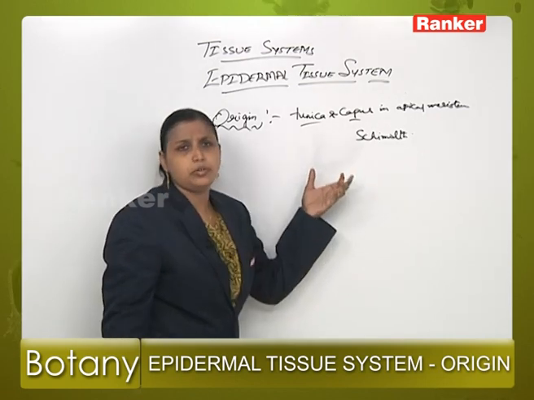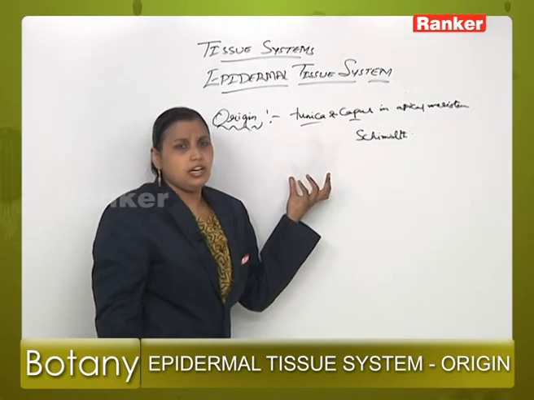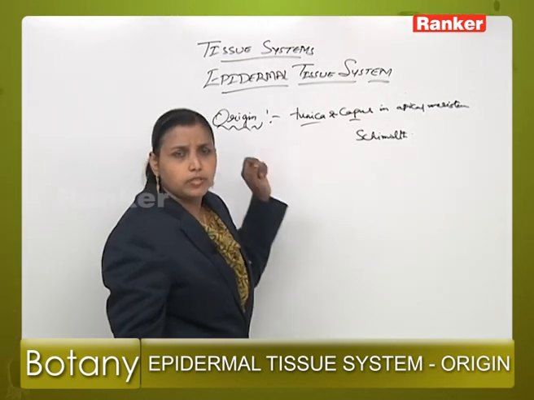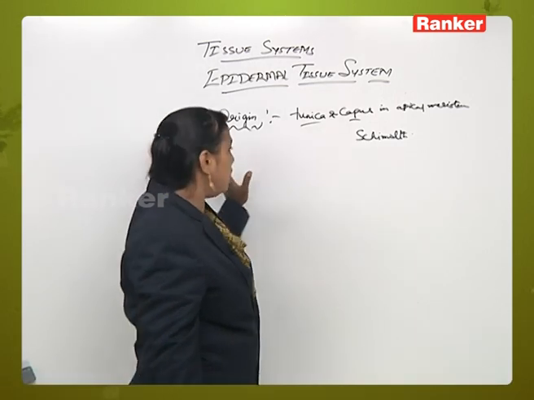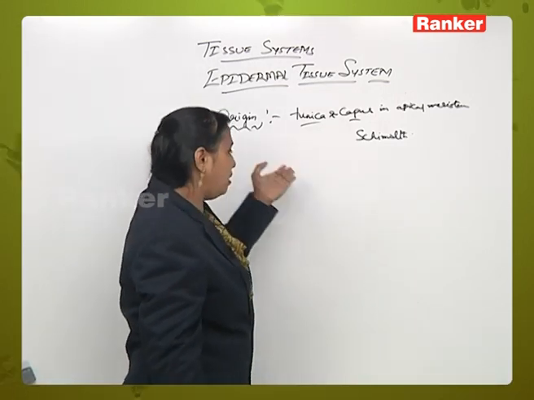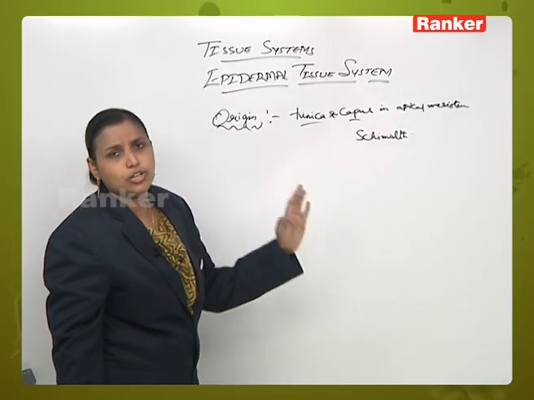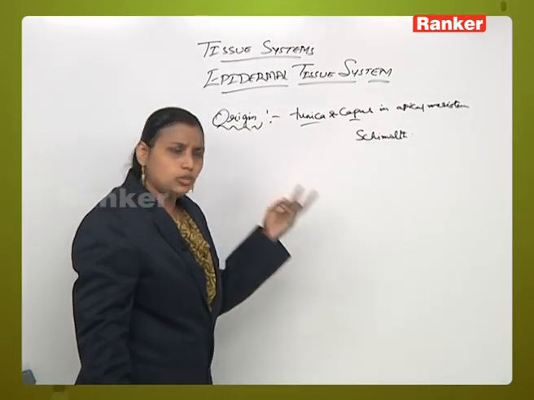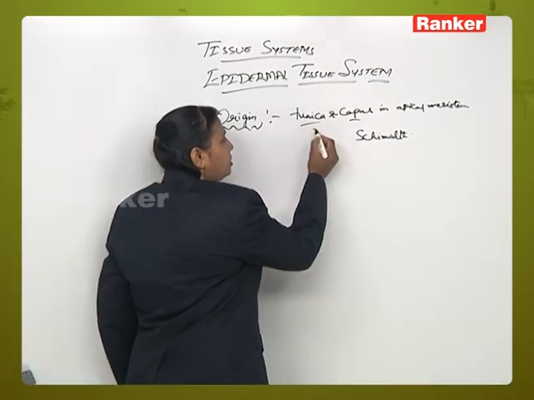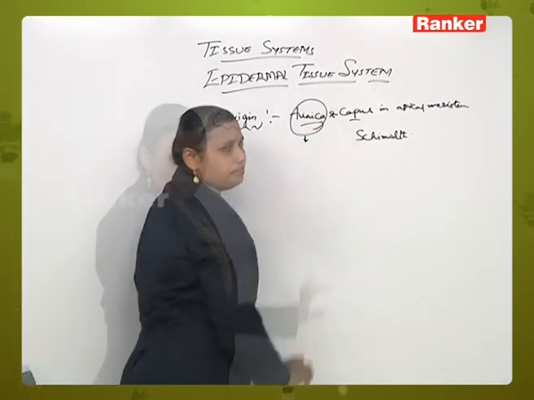Now, why we are talking about tunica and corpus here is the origin of epidermis. If the apical meristem of the plant shows a differentiation of tissues into tunica and corpus, then the epidermis comes from the tunica.